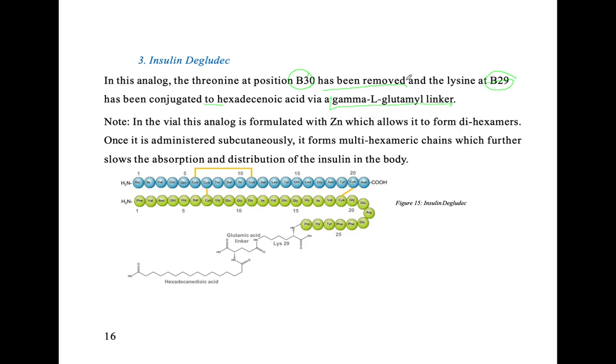Okay, so again, there's a theme that's coming back here: the B30 threonine being removed, and then instead of the threonine, you actually have more of a lipophilic substituent.